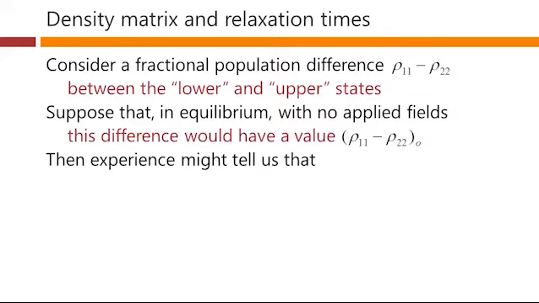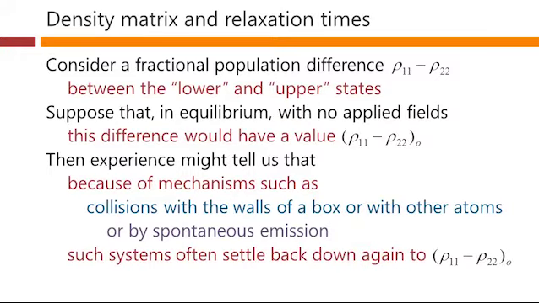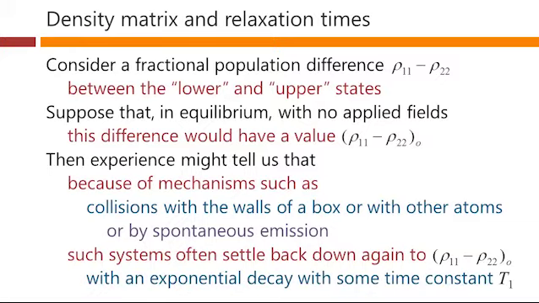Then experience might tell us that because of mechanisms such as collisions with the walls of a box or with other atoms, or by spontaneous emission, such systems often settle back down again to this value with an exponential decay with some time constant. That is, if we start out in some value that's different from this equilibrium value, then what tends to happen in many systems, just empirically, is that they will settle back down to this value sort of exponentially with some time constant T1.